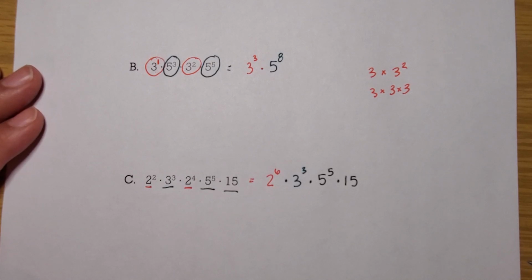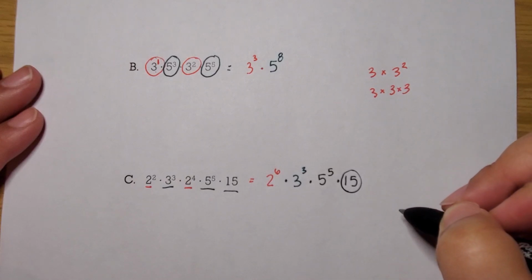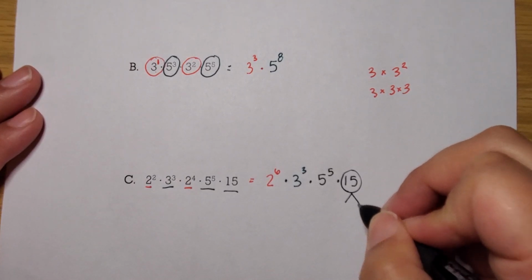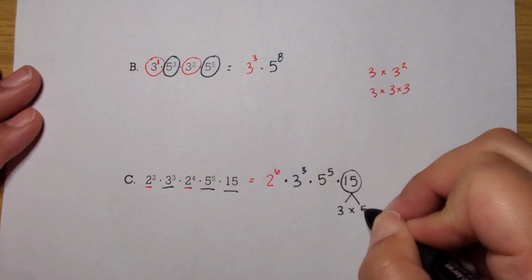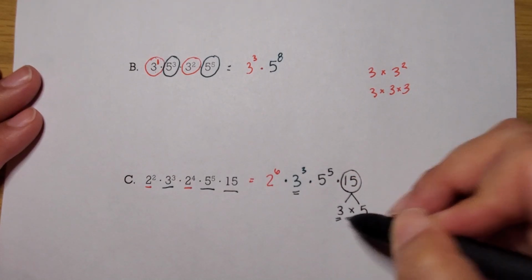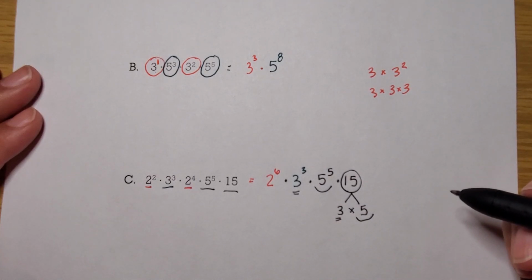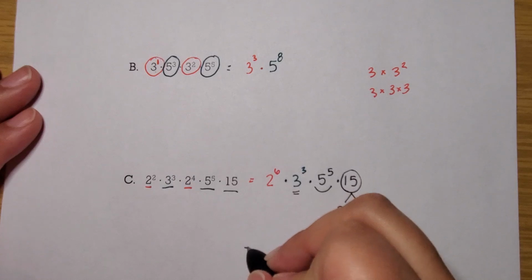Now I bet we can make this a little bit even more condensed. And here's why I'm thinking we can. I'm thinking we can because 15 is the same as 3 times 5. And I've got a 3 here, and I've got a 5 here. So we can condense this even more.